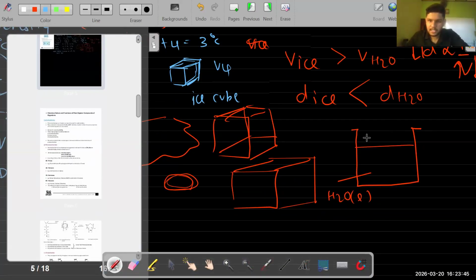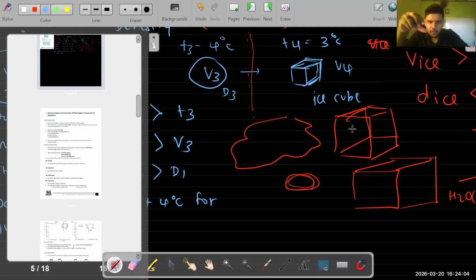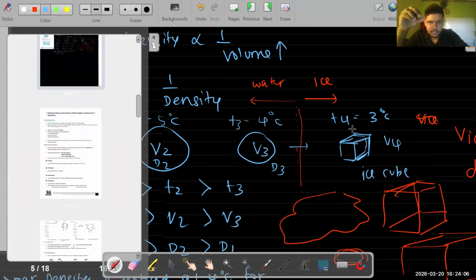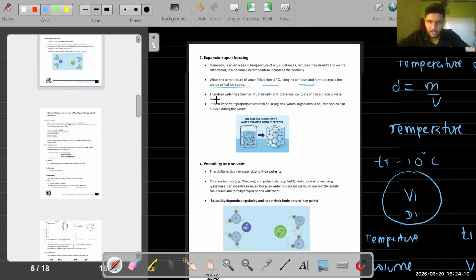If we pour ice here, will the ice float or sink? Will it float or sink? Float, exactly. Why? Its density is lower than water. Now, can you understand why if you drop an ice cube into water, it floats? See here. Hence, ice floats on water surface bodies. Can you understand that point?